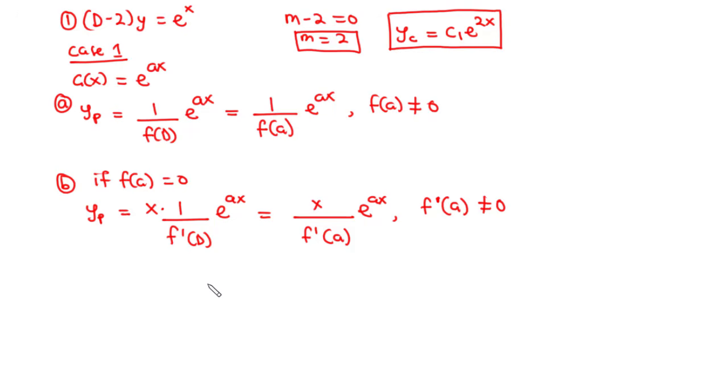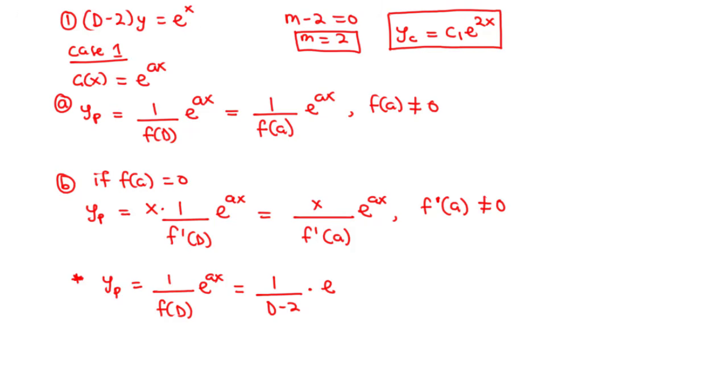Now let's move on to the particular integral or the particular solution. Therefore, you have yp equals 1 over f of D times e to the power ax, and this is equal to 1 over, now f of D here is D minus 2, so we have D minus 2 times the function g of x, in this case e to the power x.